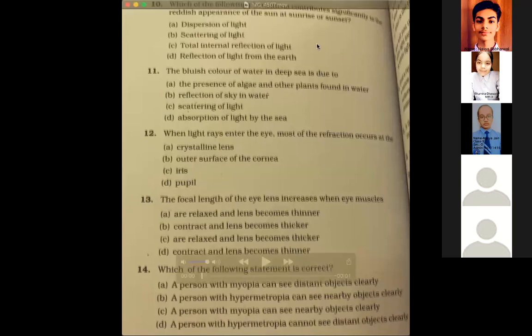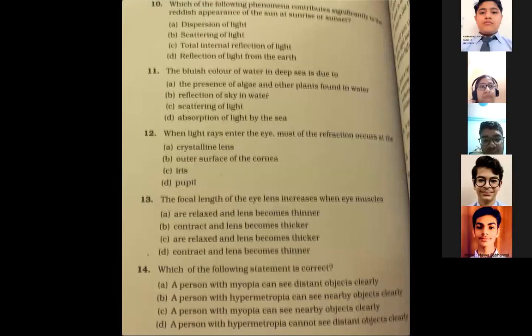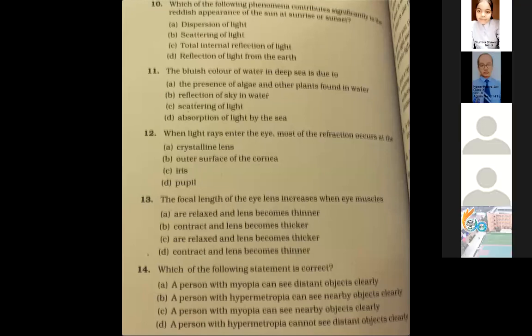So, will refraction take place? Yes, ma'am. Somebody was speaking just now. Who was speaking? Ma'am, Abhay. Abhay, tell me, why will the refraction take place when the light is entering our eyes?